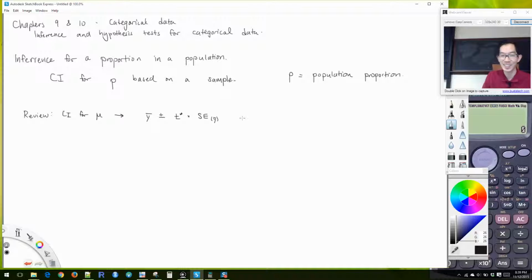Is that yes? Okay, and so this is kind of the formula. We can just say our current estimate plus or minus a critical value times the standard error. Okay, and so when we create a confidence interval for P, it's going to have the same form. Estimate plus or minus critical value times the standard error.